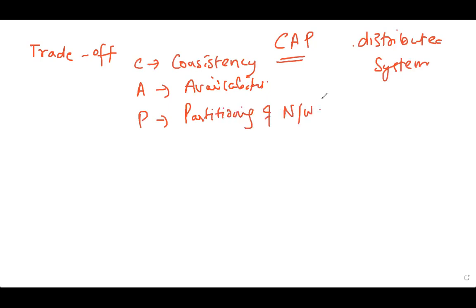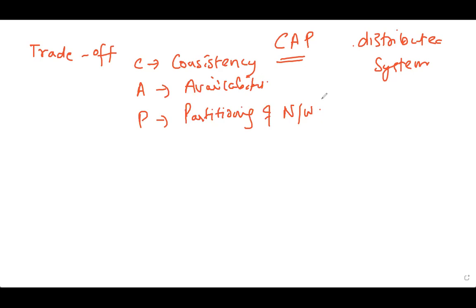What the CAP theorem says is, if you are designing a distributed system, you can have only two of these. You cannot have all three. It's not possible to design a system which has all three of CAP together.